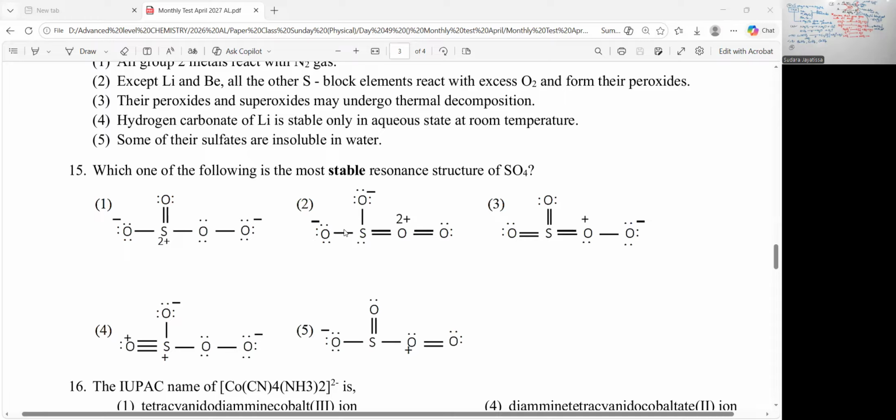Understand? So, existing positive charge on a more electronegative atom is unstable. So in the first answer, you don't have any positive charge on oxygen. It has a higher charge distribution, but the most stable structure out of the following is this first one. But can we draw a better structure?